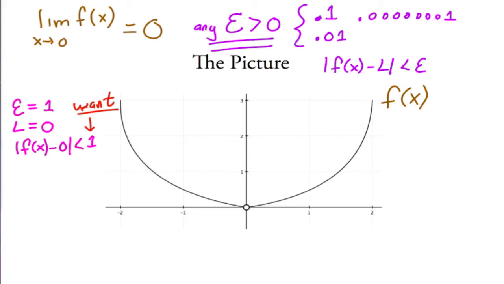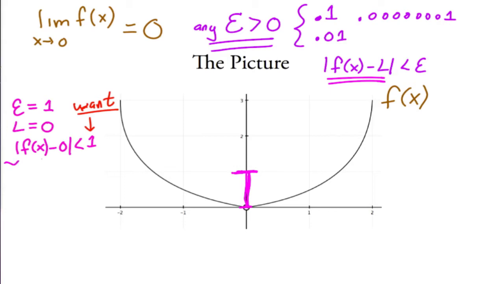Now, f of x minus L is the distance from your function to the value. So for example, if I want this to be less than 1, what I'm looking for is that it be less than that much, from here to here.